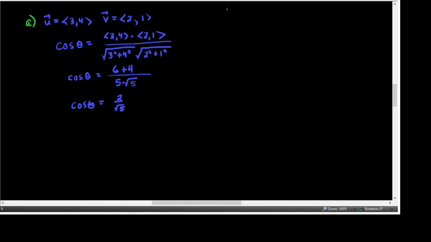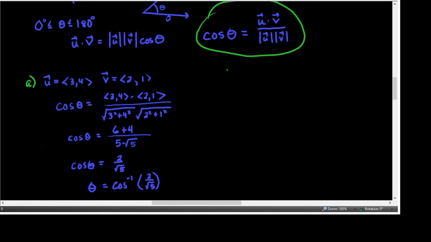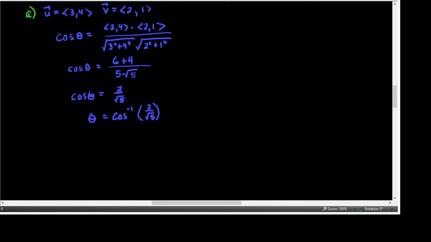And because you're about to put this in the calculator, I would not necessarily rationalize this because it's a calculator active thing anyway. So theta is going to be the cosine inverse of that. Now, I want you to think about what I said about theta and what kind of answer it can be. It has to be a number between 0 and 180 degrees. Well, if you remember when we were talking about inverse cosine, and we were talking about what kind of angles can we have as answers for inverse cosine.